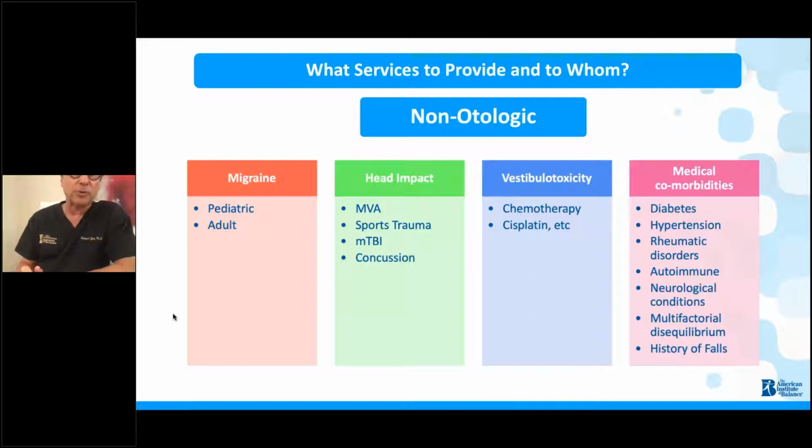We have pediatric and adult migraine, head impact, concussion, MTBIs, and vestibulotoxicity; chemotherapy and cisplatin are all vestibulotoxins. And then we have many different comorbidities, particularly diabetes and hypertension. When you go to dizzy.com, you can download all of our textbook chapters and articles.